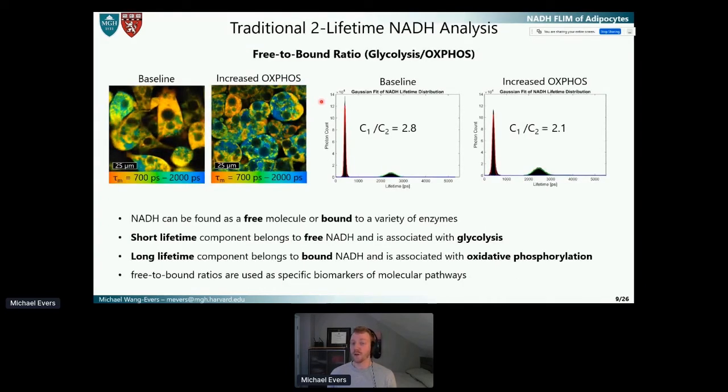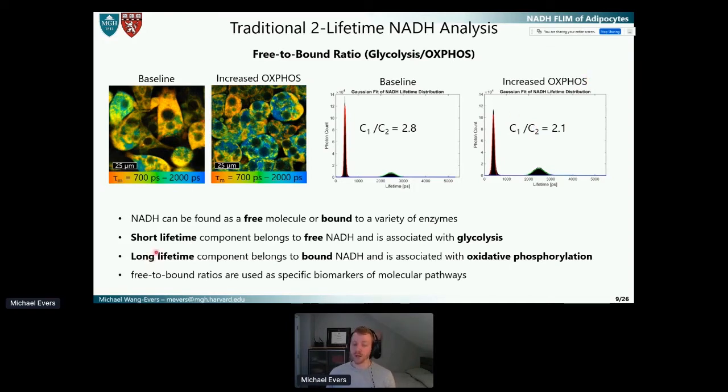And here is something very traditional. It's the free to bound ratio, which is a ratio of glycolysis versus OXPHOS. As you can see here, this is a cell culture of adipocytes, fat cells, and then we put some component into the media of the cells to increase the metabolic activity. And as you can see here, the free to bound ratio is then decreasing, which means you have increased OXPHOS.